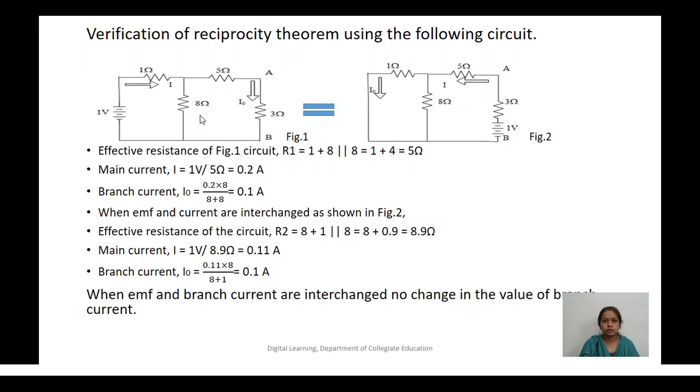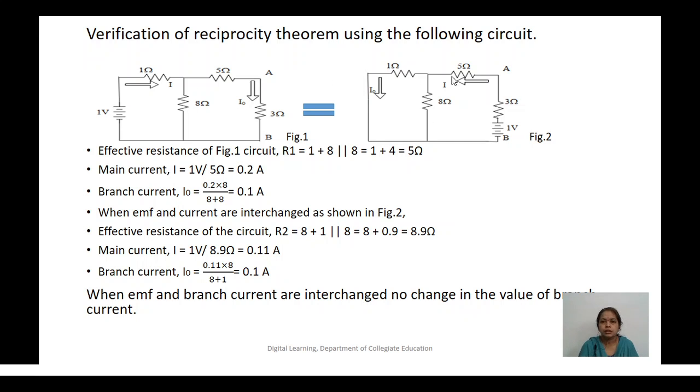So we have a circuit here with a battery of 1 volt and three resistances, 1 ohm, 8 ohm and 5 ohm, and there is another resistance of 3 ohm. The main current is I, which gets divided into two branches. I naught is a branch current.